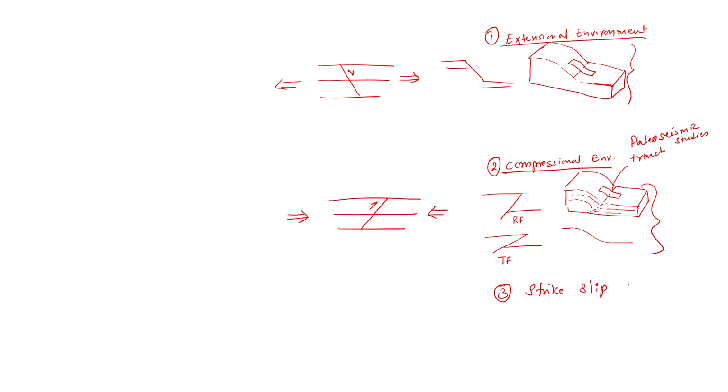Before I move to the strike slip environment, I would like to mention a few things which are important, that in this case mostly we see a horizontal movement. The block is moving towards us or away from us.